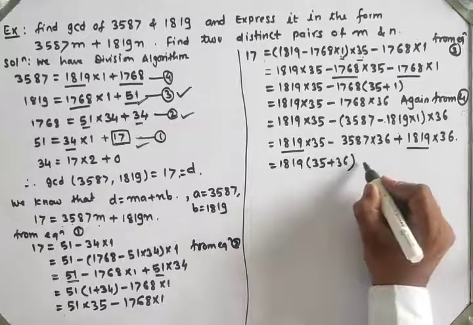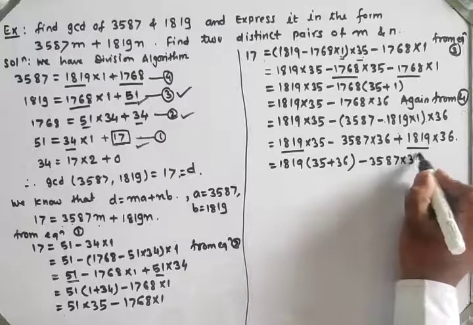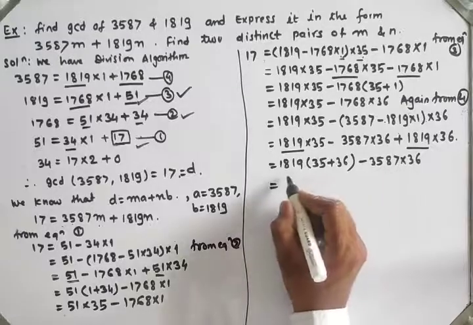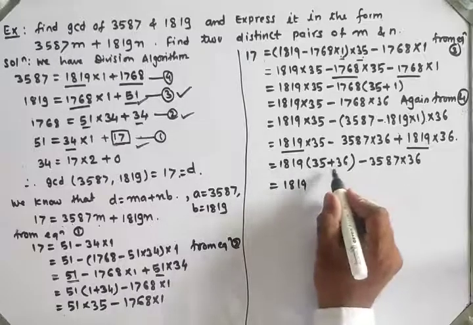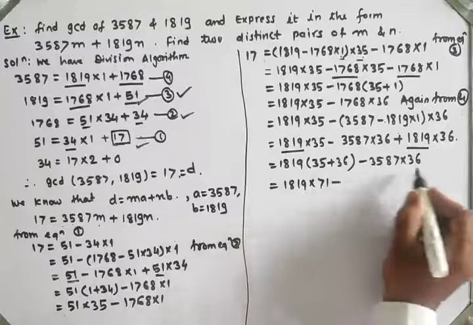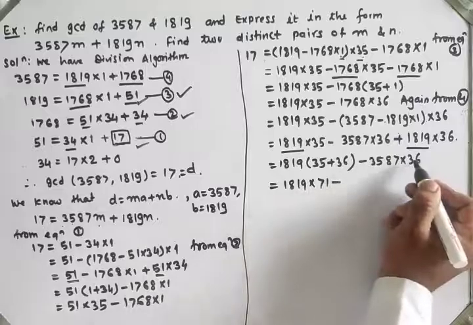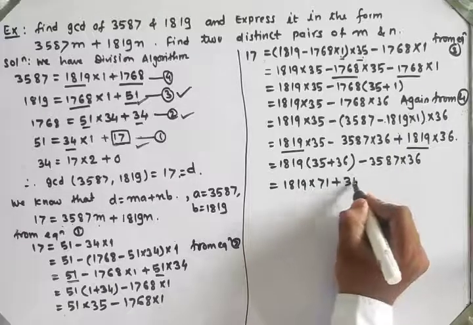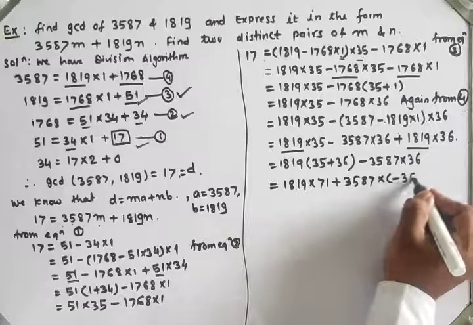So minus 3587 into 36, and the addition can be written as 1819 into 71. I will rearrange this, writing the minus sign in the internal bracket: plus 3587 into minus 36.